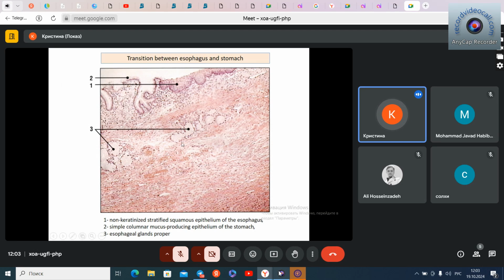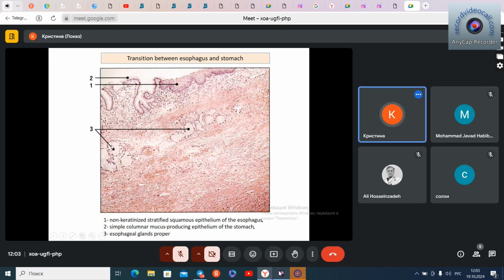Below the lamina muscularis mucosa, the submucosa starts, and in it we have the mucous secretory portions of the esophageal glands proper. As you can see here in this picture, these esophageal glands proper secretory portions can go to the side of the stomach.